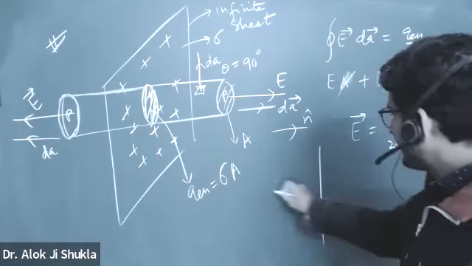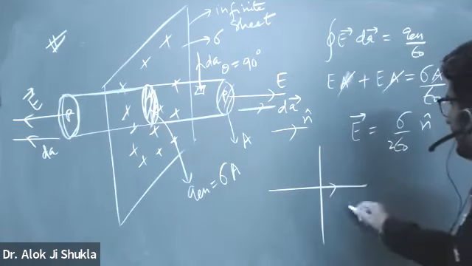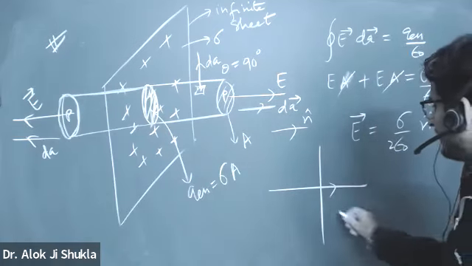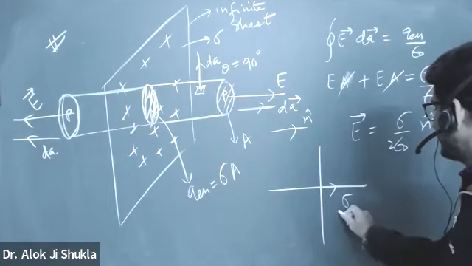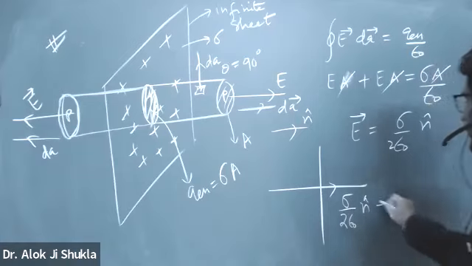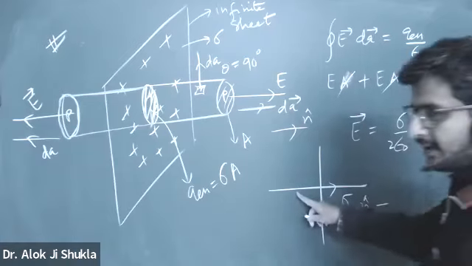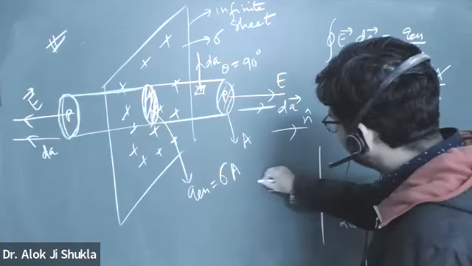So फिर से मैंने बोला E perpendicular above is sigma by 2 epsilon naught n cap minus E perpendicular below. Below field कैसी है? इधर है.